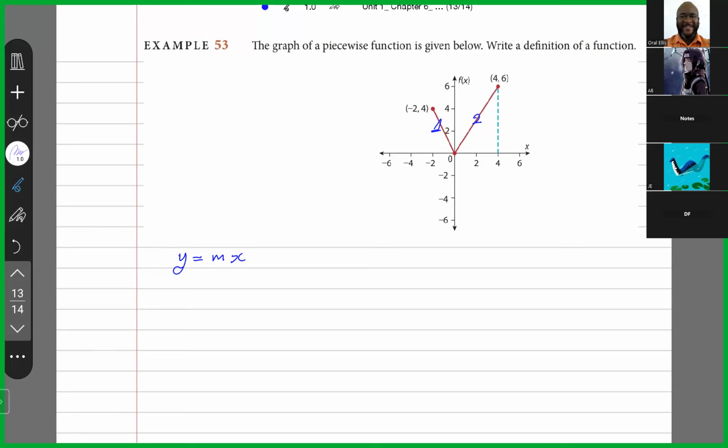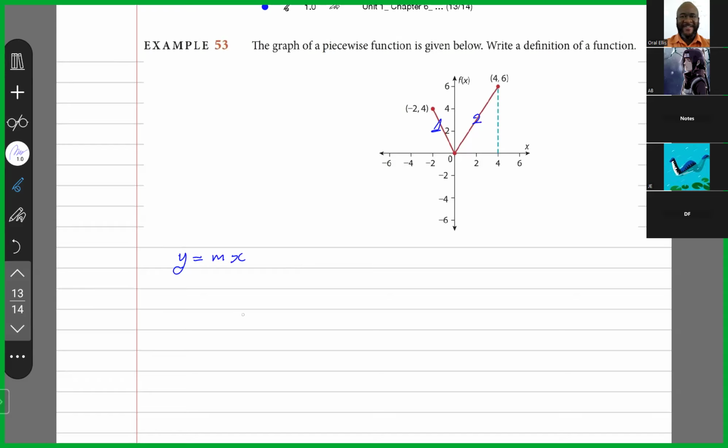In other words, to determine the equation of a linear graph that passes through the origin, all I need is the gradient. In other words, a linear graph that passes through the origin is defined only by its gradient. So we just need to find the gradient of the first half of the graph and the gradient of the second half of the graph.